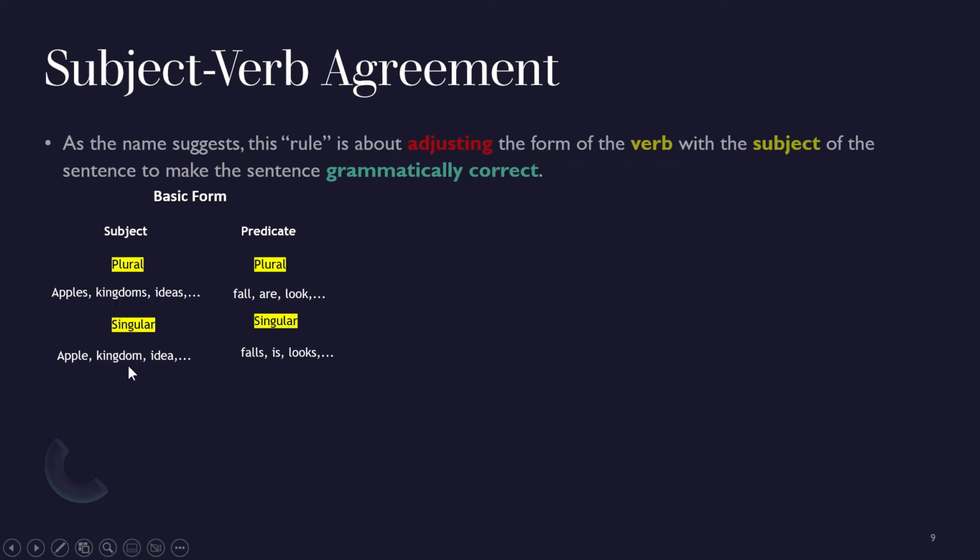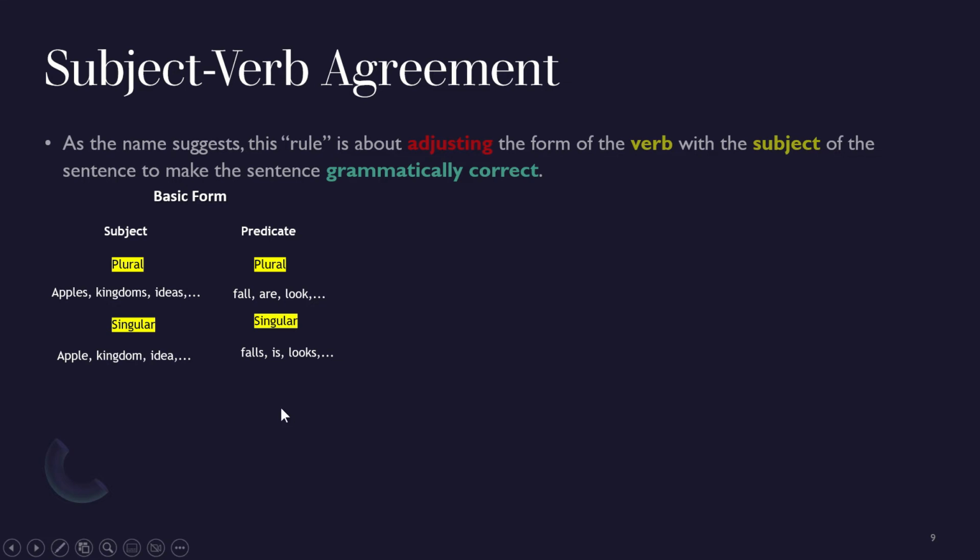And if the subject is singular, you see here there's no s at the end of the word apple or the other nouns here. The predicate must also be in singular form, which usually has s at the end of the word, right? The apple falls. The kingdom is beautiful. Your idea looks okay, for example.